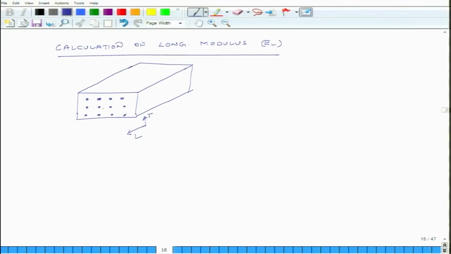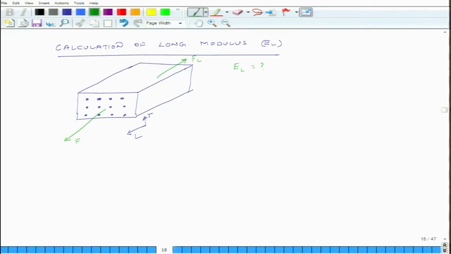What I am trying to figure out is, if I pull this composite in this direction and apply a force FL, can I compute the value of Young's modulus EL for this composite? That is our goal: how do I calculate EL?